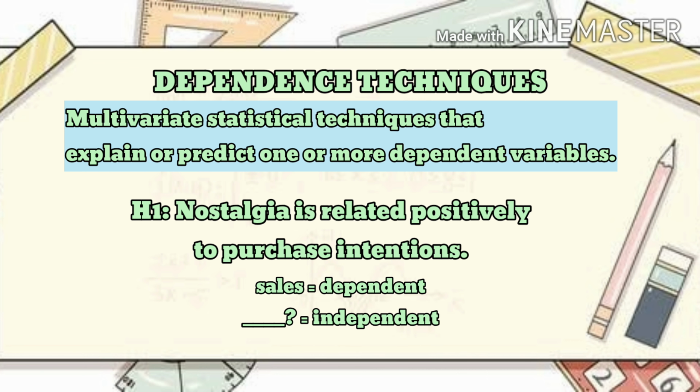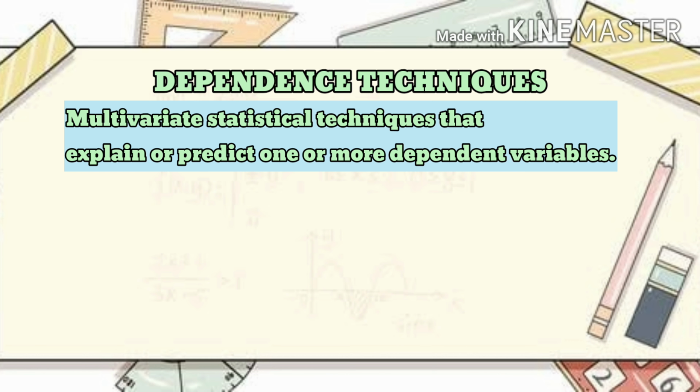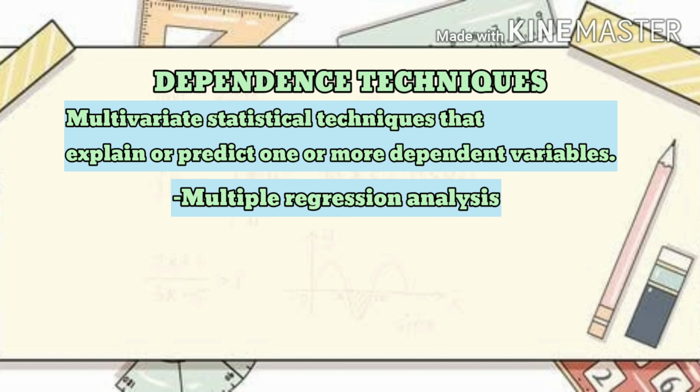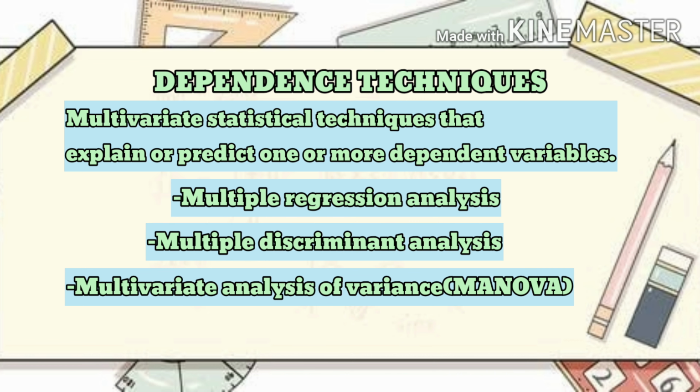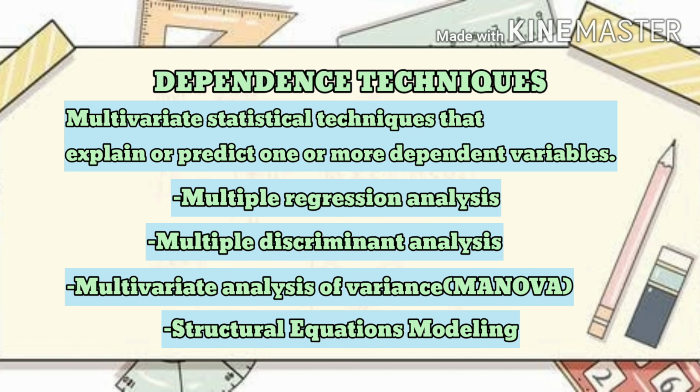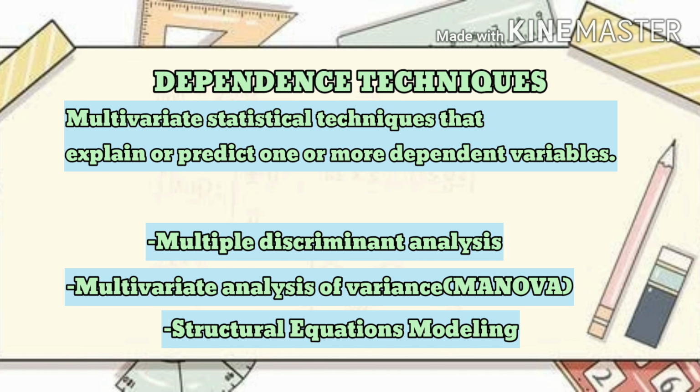Predicting the dependent variable sales on the basis of numerous independent variables is a problem frequently investigated with dependence techniques. Multiple regression analysis, multiple discriminant analysis, multivariate analysis of variance, and structural equations modeling are all dependence methods.